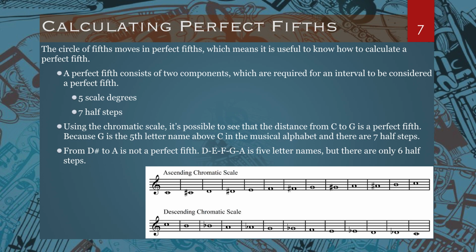So C sharp to G sharp and C sharp to A flat are going to be the same exact pitch to our ears, but written down on a musical score, C sharp to G sharp and C sharp to A flat are different intervals. C sharp to G sharp is a perfect fifth, but C sharp to A flat is not. It's some type of sixth. So it's very important that you understand that the 5 scale degrees and the 7 half steps, you have to have both of those components in order to create a perfect fifth.